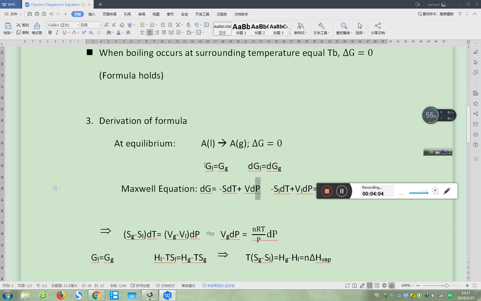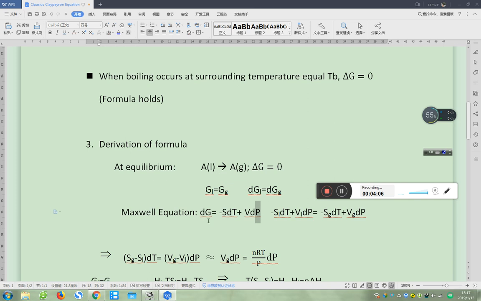When we plug the Maxwell equation into dG liquid equals dG gas, we get negative the entropy of the liquid phase times dT plus the volume of the liquid times dP, equals negative the entropy of the gas times dT plus the volume of the gas phase times dP.